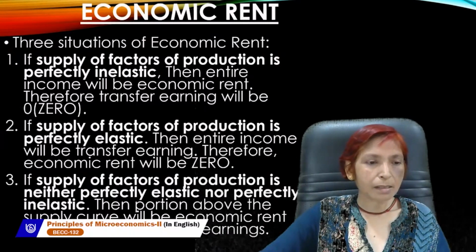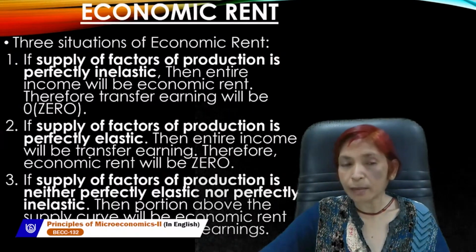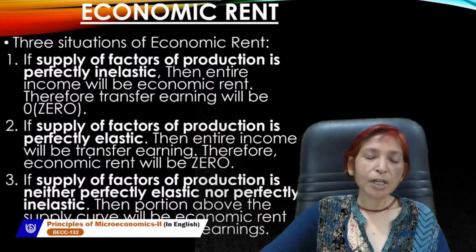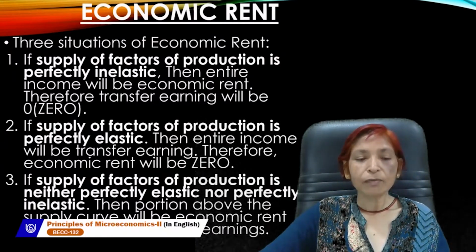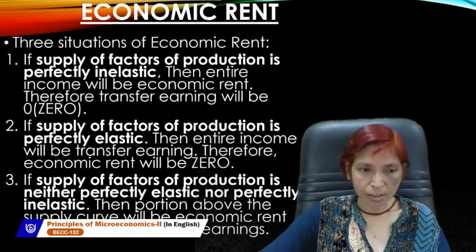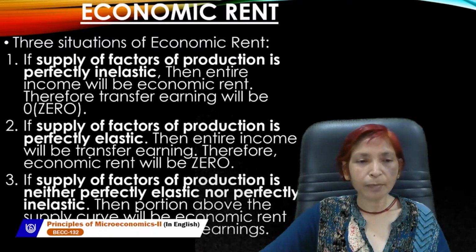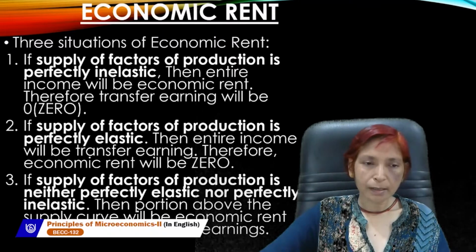We can show all these three situations with the help of diagrams also. Elastic means which can change and inelastic means which can't change. For example, land. The supply of land can't change because it is provided by nature free of cost, so you can't increase or decrease land supply.